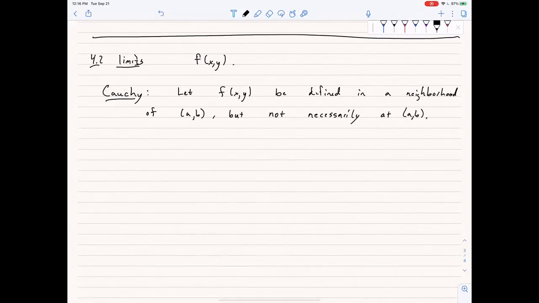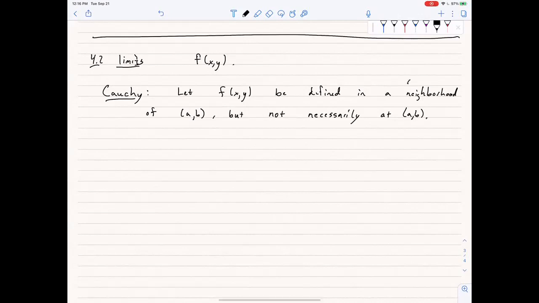As you know from one variable calculus, limits of functions don't really depend on the value of the function at that point. They just depend on its behavior near that point. So when I say a neighborhood, what I mean is that there is some little open disk in the domain of f around (a, b), centered at (a, b), for which the function is defined everywhere except potentially at the point (a, b).